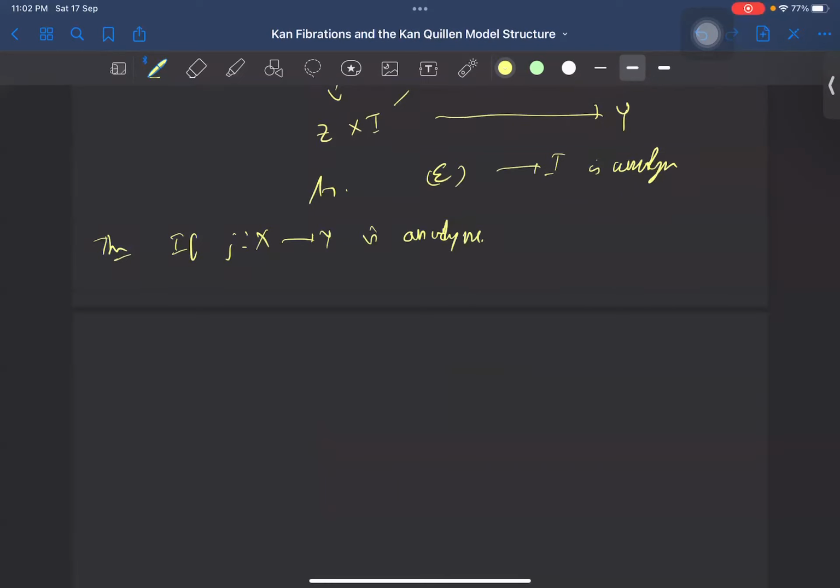So from the beginning, this is a mono, whatever I call it. So a map from A to B will be a mono in the category of simplicial sets.